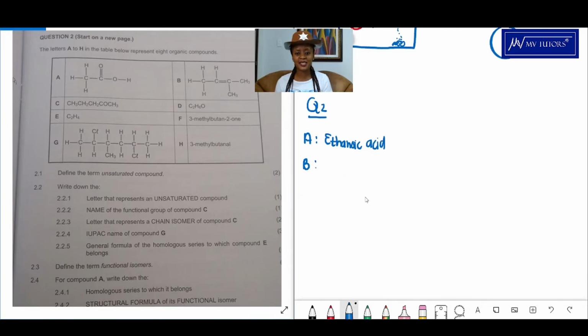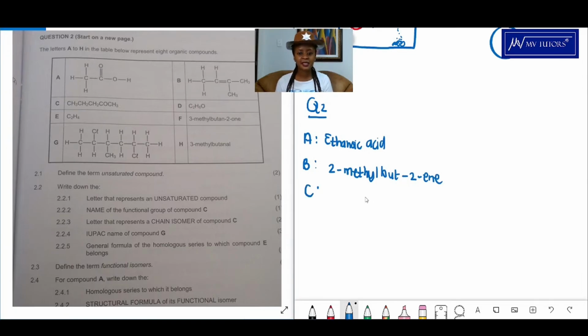All right, I know this takes up some time, but it actually helps just to see what's going on and then answer the questions. So we have 2 methyl butene. Yes, 2 methyl but-2-ene, with the double bond on the second carbon again.